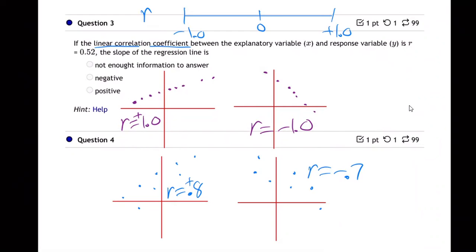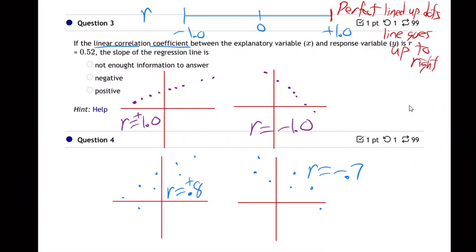Positive, perfect line, lined up dots, line goes up to the right.